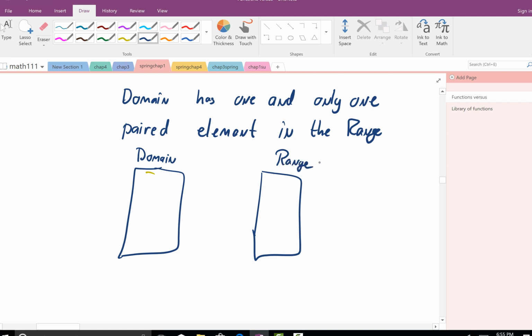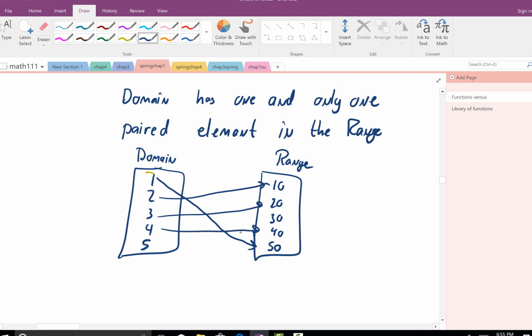They might have this kind of a setup here, and they'll have arrows drawn. They're basically saying this 1 goes to 50, 2 goes to 10, 3 goes to 20, 4 goes to 40, 5 goes to 30.